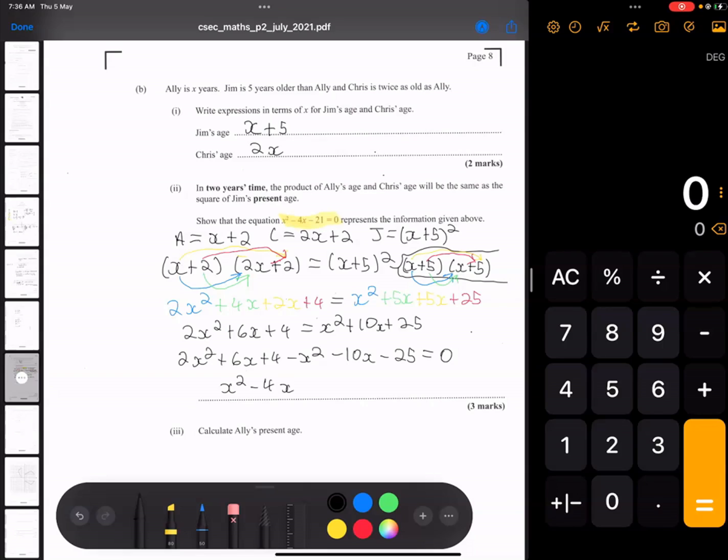Then plus 4 take away 25 gives us negative 21, equal to 0. Alright, so we have actually proved that x squared take away 4x take away 21 equals 0 actually represents the above information. Alright, so let us move on.